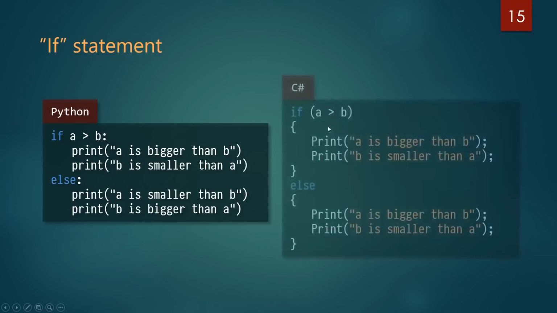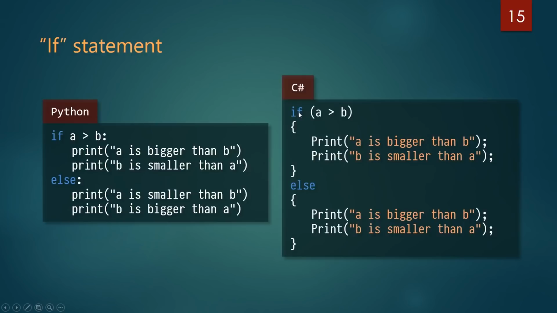Now the equivalent in C# is the if keyword, and the condition always has to be in brackets. Now the body has to be enclosed in curly brackets. In Python, the body doesn't have to be enclosed in brackets because Python uses the colon together with the indentation to know that these two statements belong to the if statement.